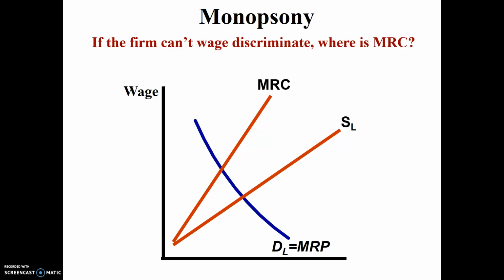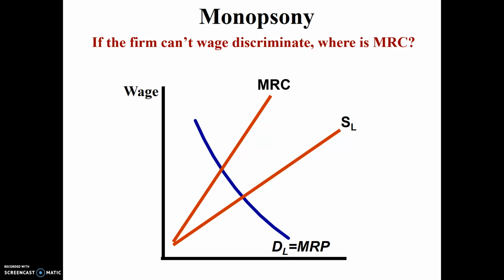In the Monopsony, we have a single buyer, so it's the only game in town. It's the only employer for 100 miles, and so it has particular advantages. And very much like the monopoly model, this is a model that gives the firm certain advantages. Like the monopoly can price higher than perfect competition and can underproduce and has dead weight loss, the Monopsony model is very similar.